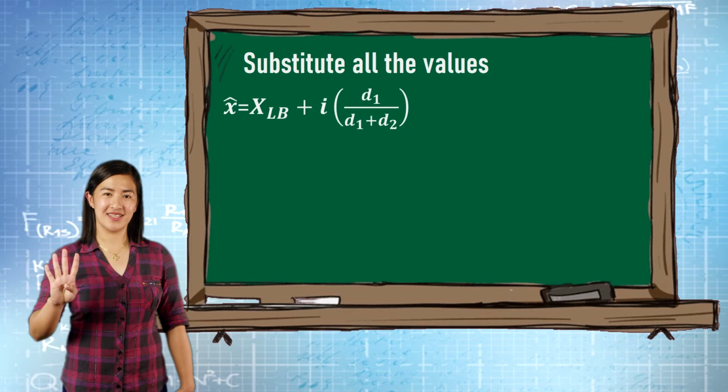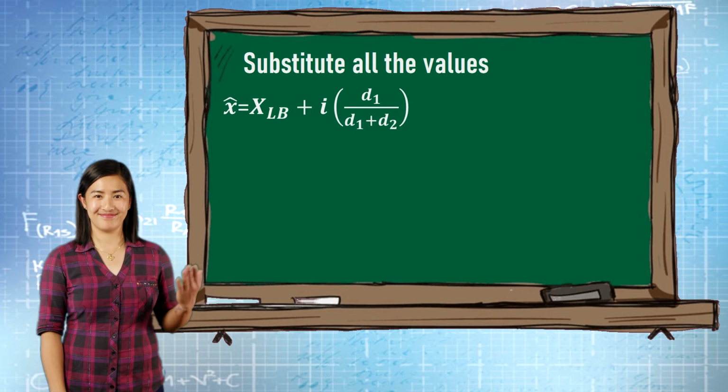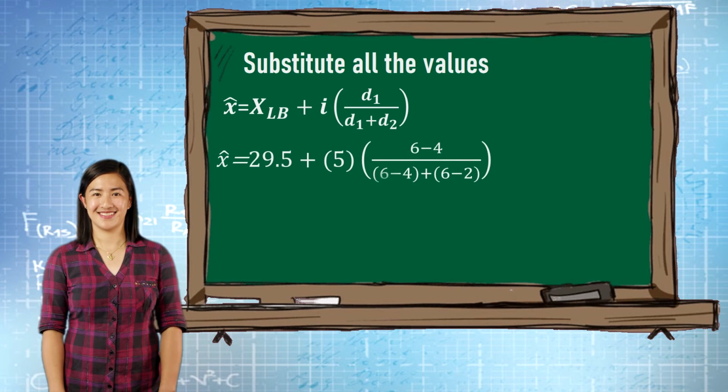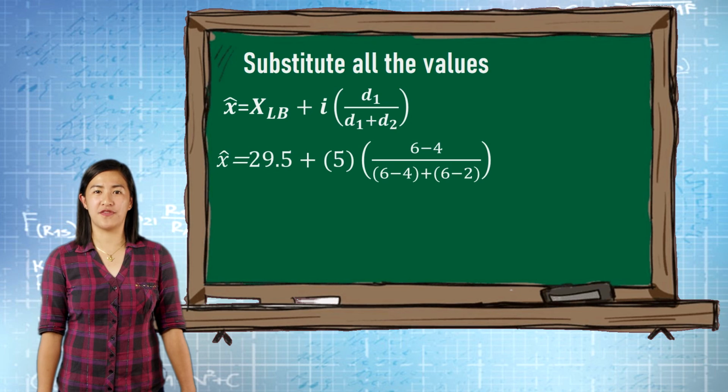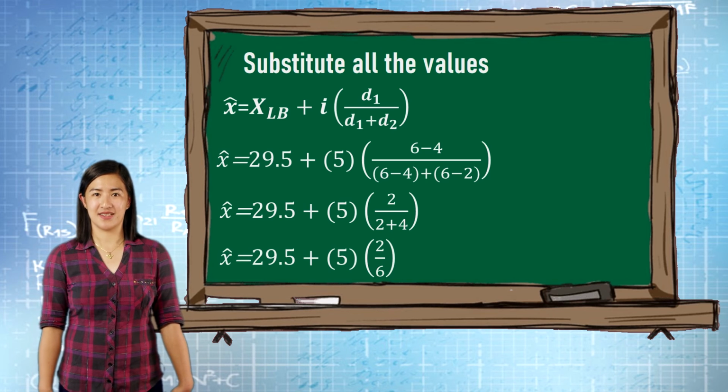Step 4. Substitute all the values in the formula. So we have X caret equals 29.5 plus 5 times the quantity 6 minus 4 all over 6 minus 4 plus 6 minus 2.